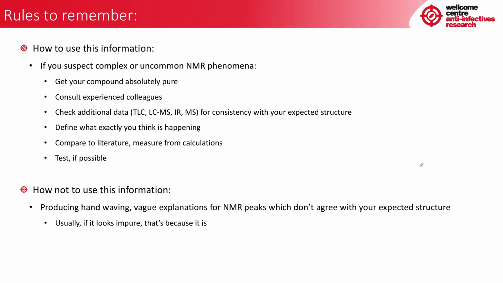And I just want to caution you that these are unusual phenomena, and some previously observed things like second order effects and rotamers are more common. But even so, the most common explanation for an NMR spectra that looks impure is a sample that is in fact impure. So you need to be careful in explaining away problems with your spectra.